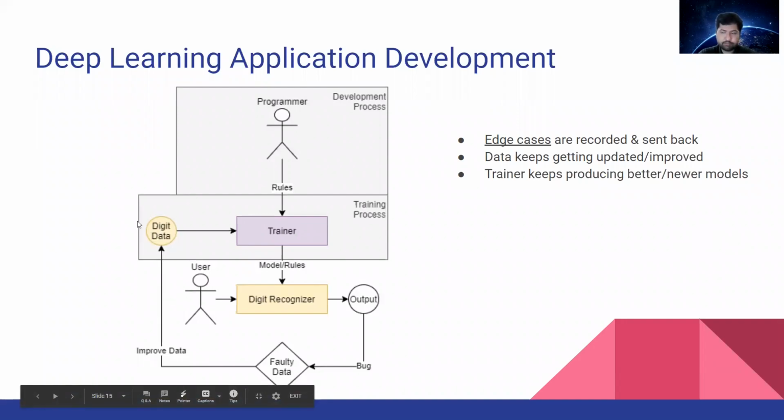You improve the data set and let the trainer run again, and it builds a newer, better model. Compared to traditional development, this is much different, because a programmer does not have to write code to fix the bugs as in classical cases.